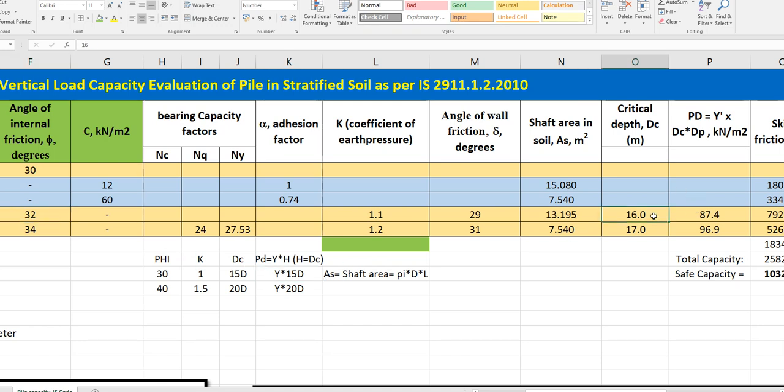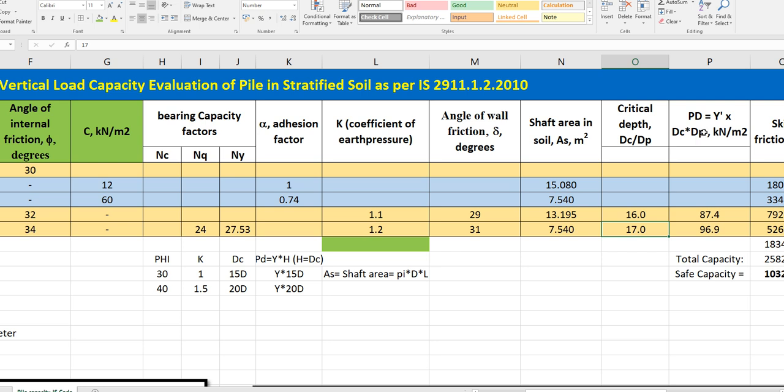This is actually D_c by D, a ratio, and we will multiply this value by D to get the depth. This is just a factor, 16 times the diameter of the pile. It is not in meters, it is meter by meter, a unitless quantity. And 34 means if you interpolate, 34 will give you 17 times D.